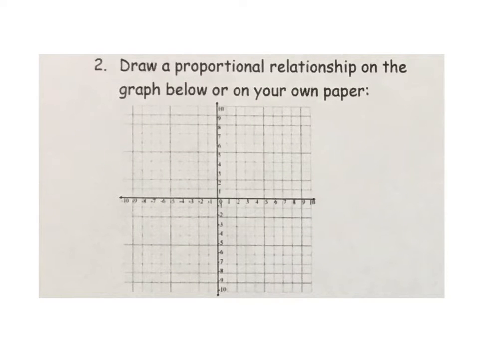Number 2 says to draw a proportional relationship on the graph below or on your own paper. So on the graph, a proportional relationship is going to be a line.